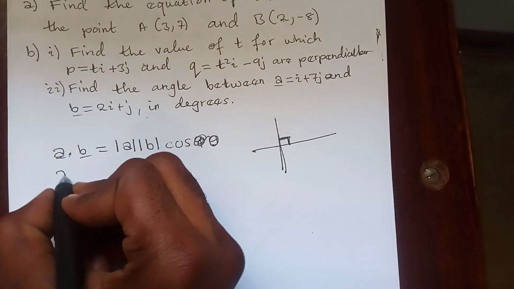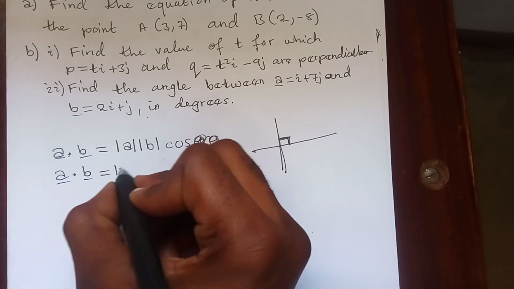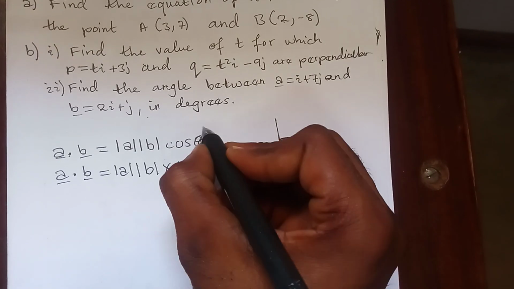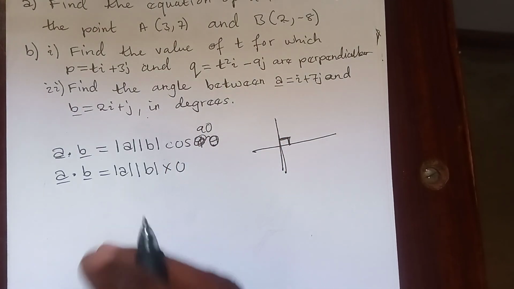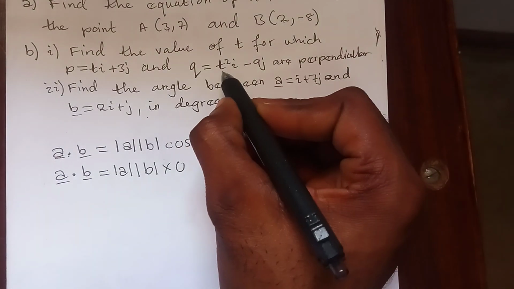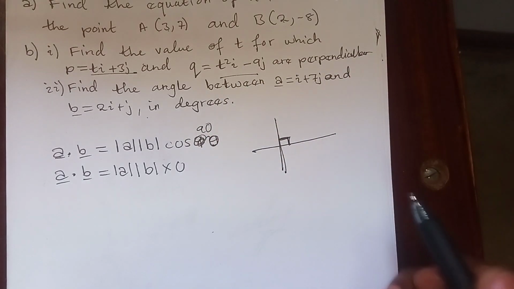So this is why we say the dot product of two vectors which are perpendicular to each other is 0, because when you put your 90 there, you have a 0, and then everything multiplied by 0 is 0. So in other words, when I multiply this by this, I should get a 0.